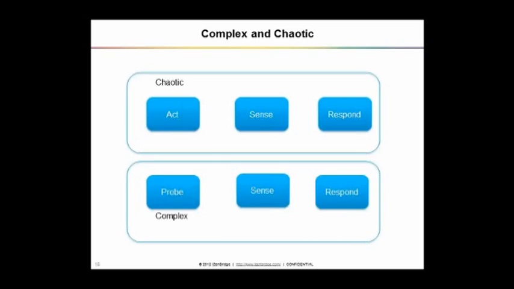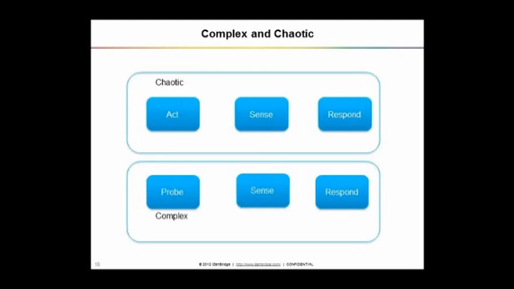But you will find a lot of times we move from simple to chaotic directly, because that can happen when we try to apply a simple solution to a complex problem. We try to apply a very well-defined approach for providing a system or a solution which was not yet defined.